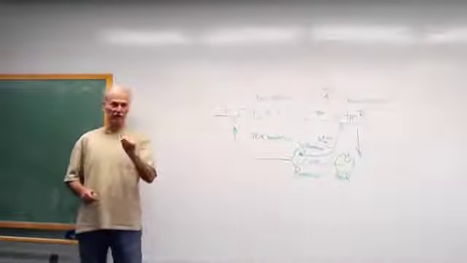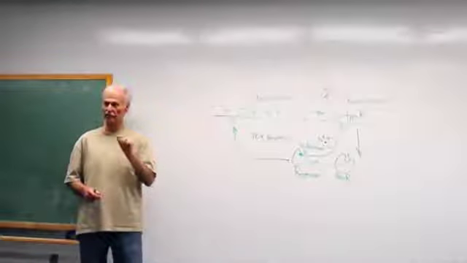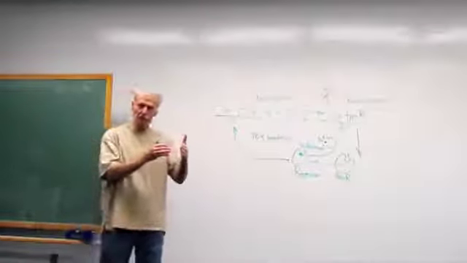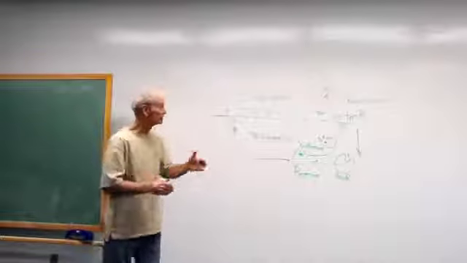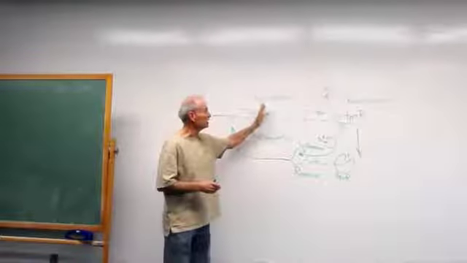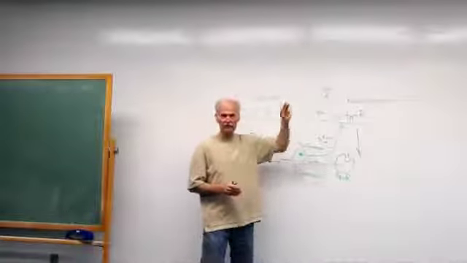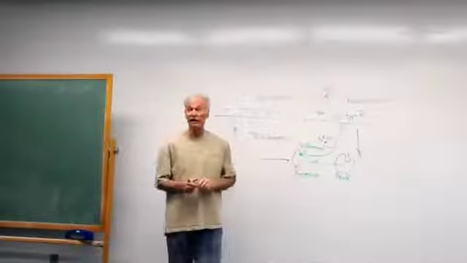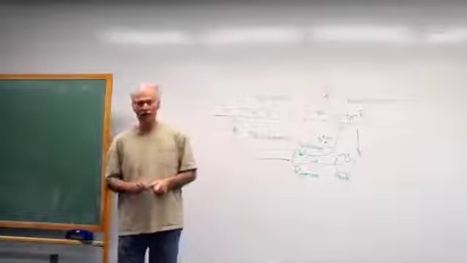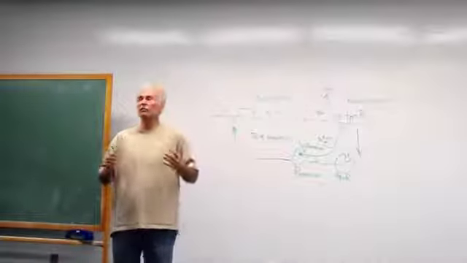The second way it's regulated, as a final check to prevent expression of the operon if there really is enough tryptophan, is a mechanism called attenuation. That is one that gets all the press.